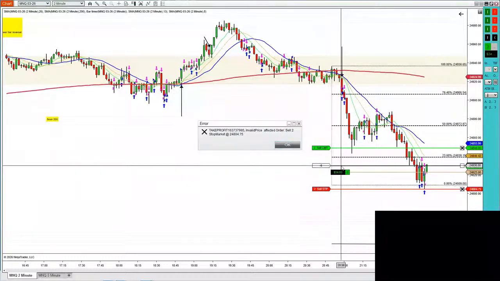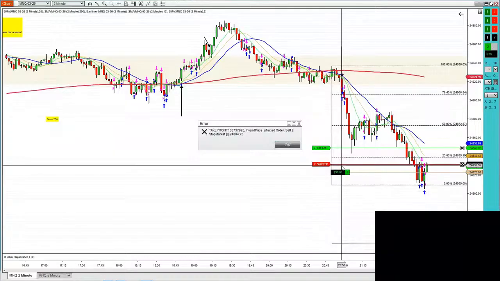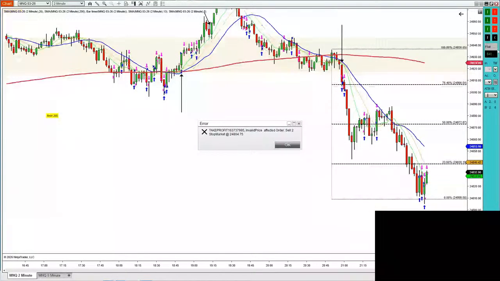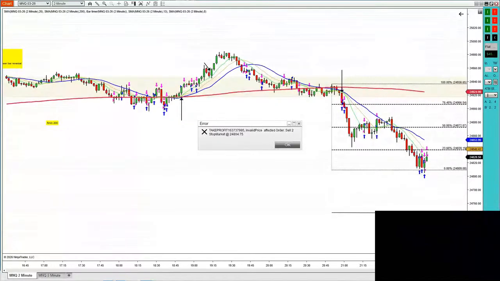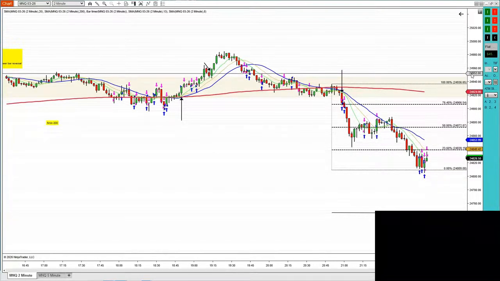Oops. Yes. I'm going to try to catch one more trade.